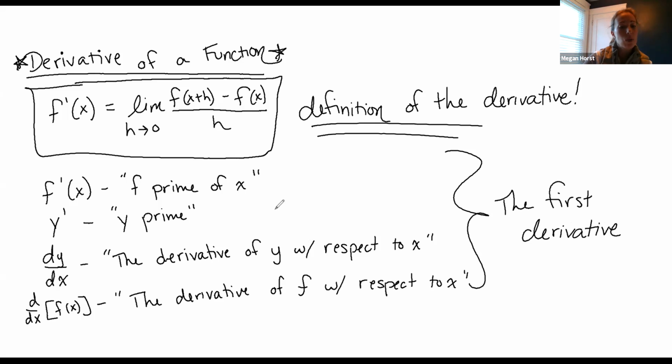The reason why we have so many different notations is because Lagrange and Newton, I think I described this before, both discovered calculus around the same time, and they used different notations. As a result, we've realized that in some situations it's easier to use f of x or f prime of x. In other situations it's going to be easier to use y prime. And additionally in other situations we're really going to use that dy dx.